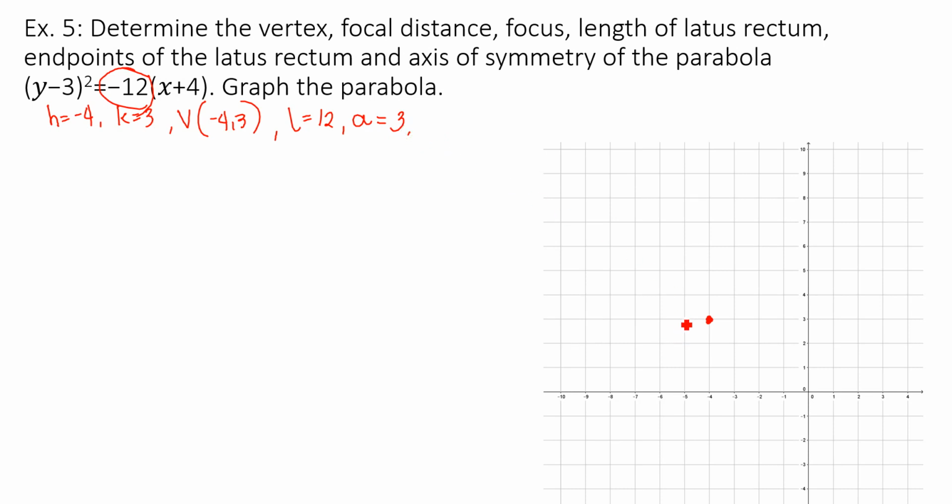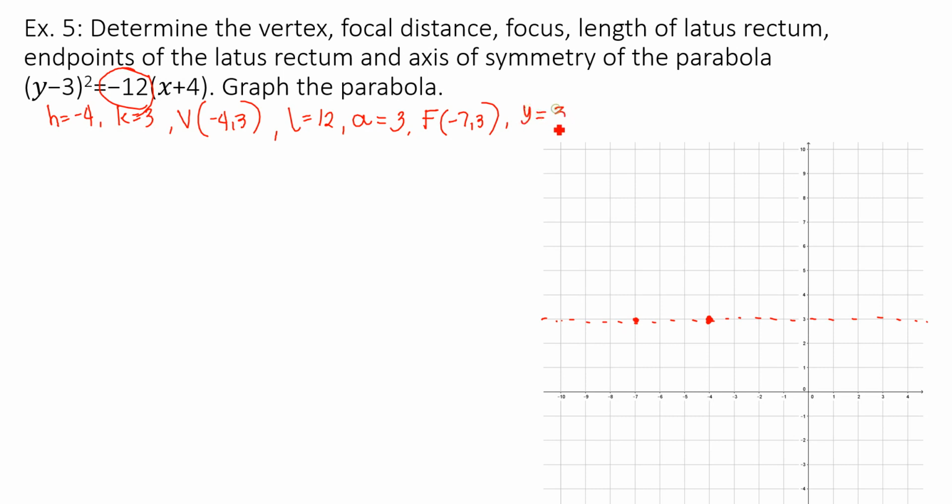Just count 3 units, so that is (negative 7, 3). And of course, this would be our axis of symmetry, y equals 3.